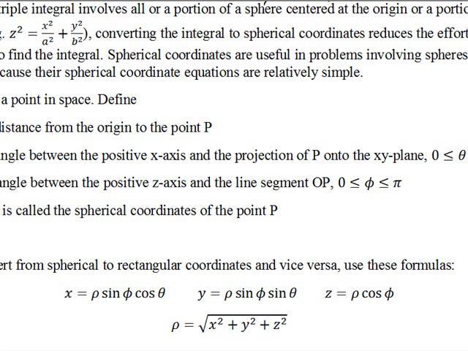And phi must lie between 0 and pi because it is the angle from the positive z-axis, so it does not go over pi. And so the spherical coordinates are in the form rho, theta, phi.